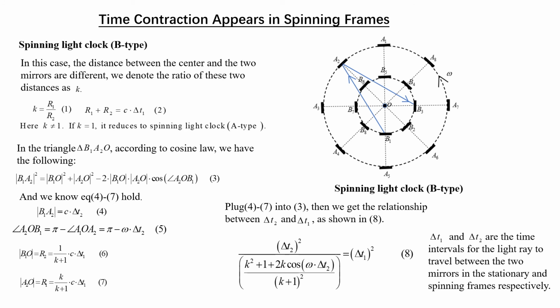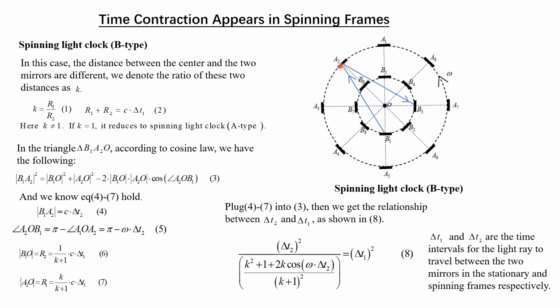This slide talks about how time contraction happens in the B-type spinning light clock. Similarly, as in the A-type, we can see from the geometric aspect that the distance between the point B1 and A2 is smaller than the distance between B1 and A1.